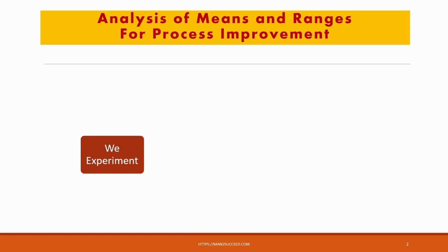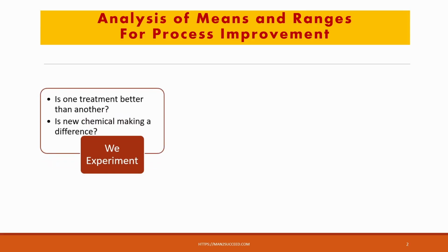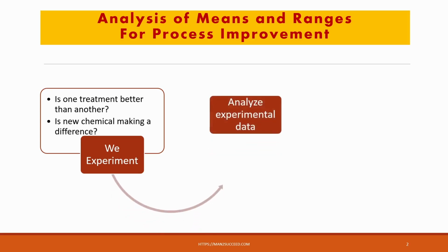First we will start with the experiment. In the experiment, what we will be checking is whether one treatment is better than another, or whether a new chemical mixing has any significant difference. Similar things we will be experimenting. Once the experiment is done, analyzing the experimental data is the second thing we will be doing.